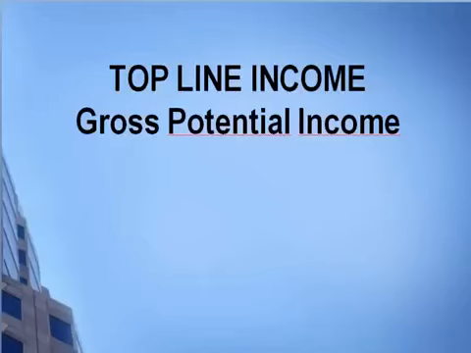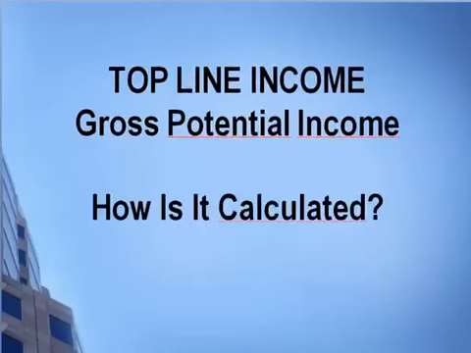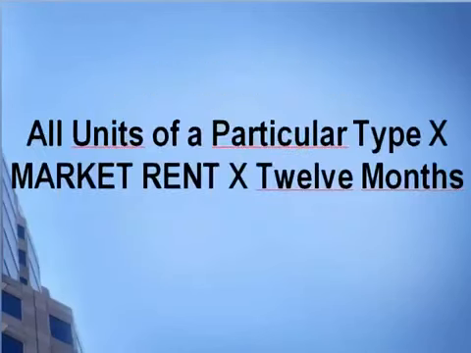All right, that is at the top of every income and expense statement. Now, how is the gross potential income calculated? Very simply. Here's how we do it. We take all the units of a particular type, we multiply it by the market rent, and we multiply it by 12 months. So let me clarify this for you.